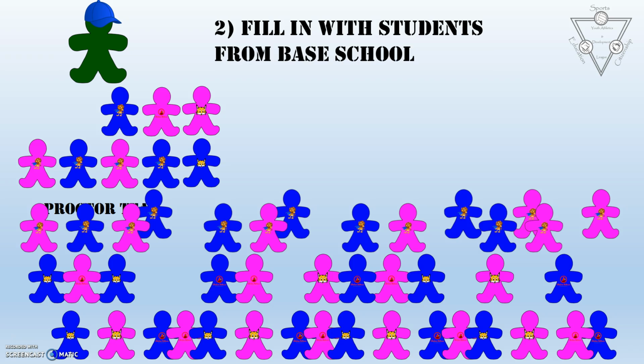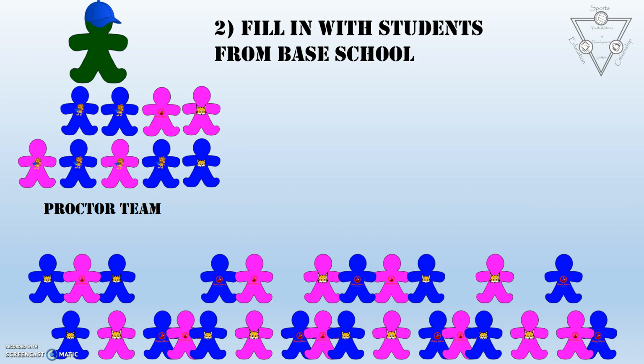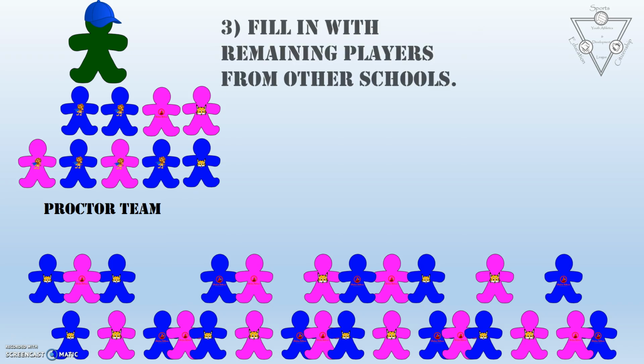But for the sake of this video and moving on to step 3, we're going to say that really there was only 1 other Proctor person in the whole pool, and put him on Coach Ballcap's team. That leaves 1 more spot open. That means that our final step is to pull from the remaining players, the people from other schools. So in this case, we pull a girl from Malleson, and we finish up Coach Ballcap's team.